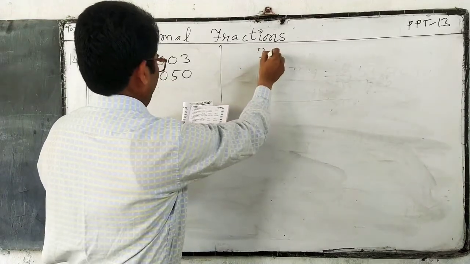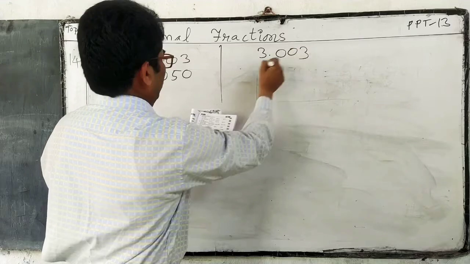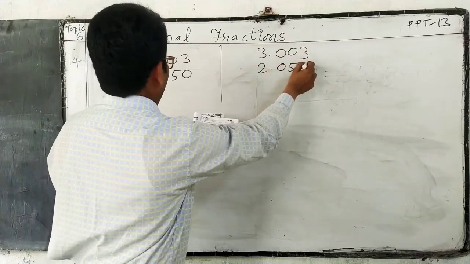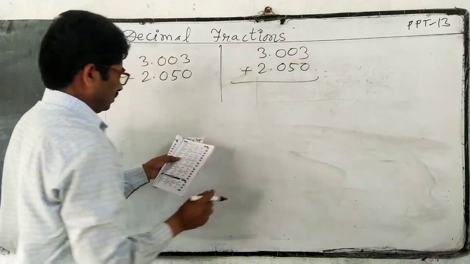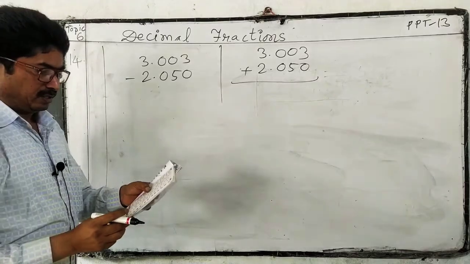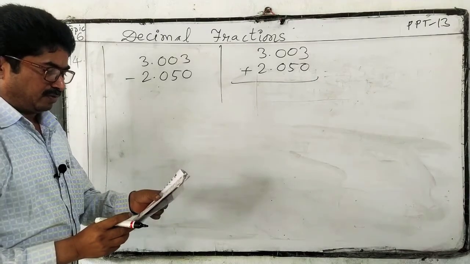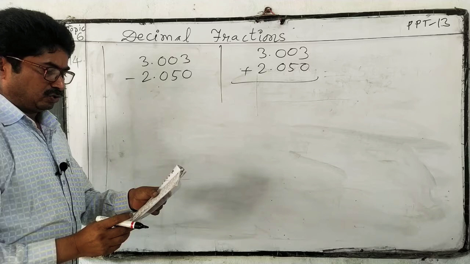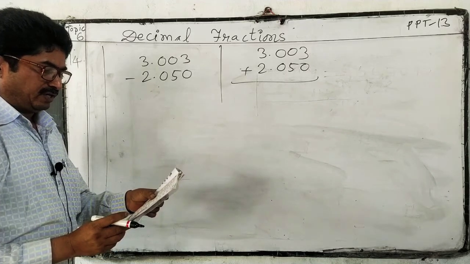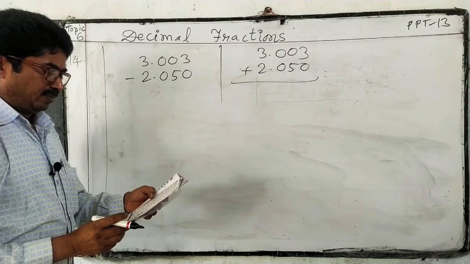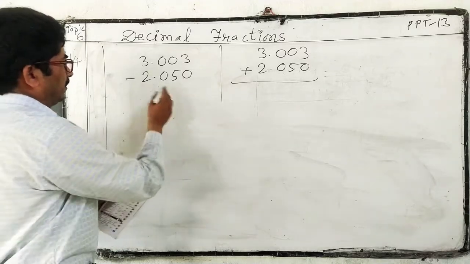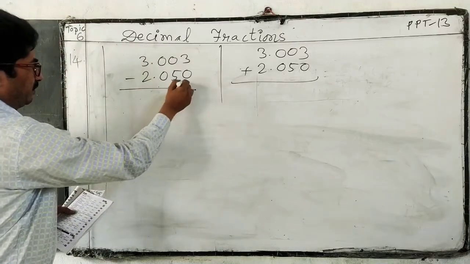Sum means 3.003 plus 2.050. Then the result is the difference between 3.003 and 2.050 added to the sum of those numbers. First we have to subtract this.